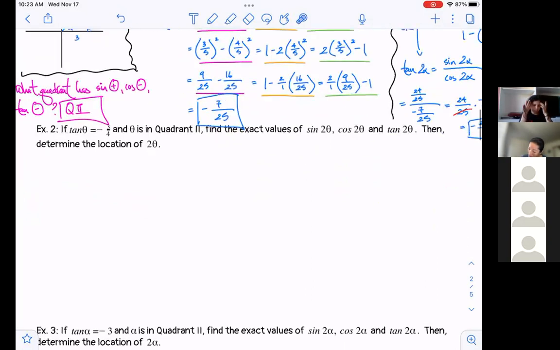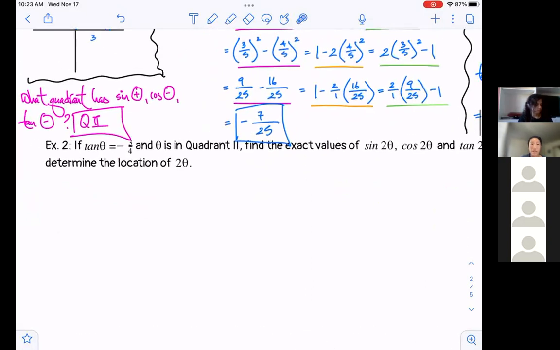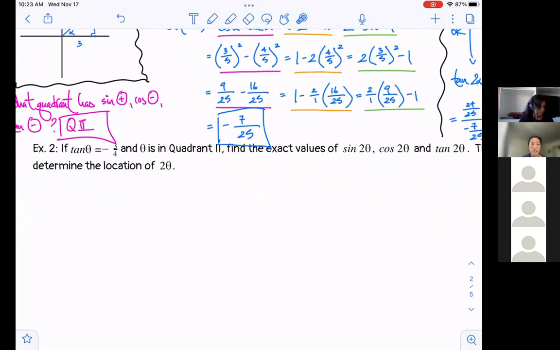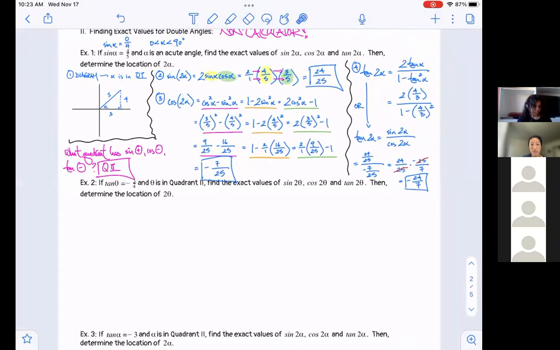So let's take a look at this one. If tangent of theta equals -3/4 and theta is in quadrant 2, find the exact values of sine 2 theta, cosine 2 theta, and tangent 2 theta, then determine the location of 2 theta. Okay, so very, very similar to the previous question.